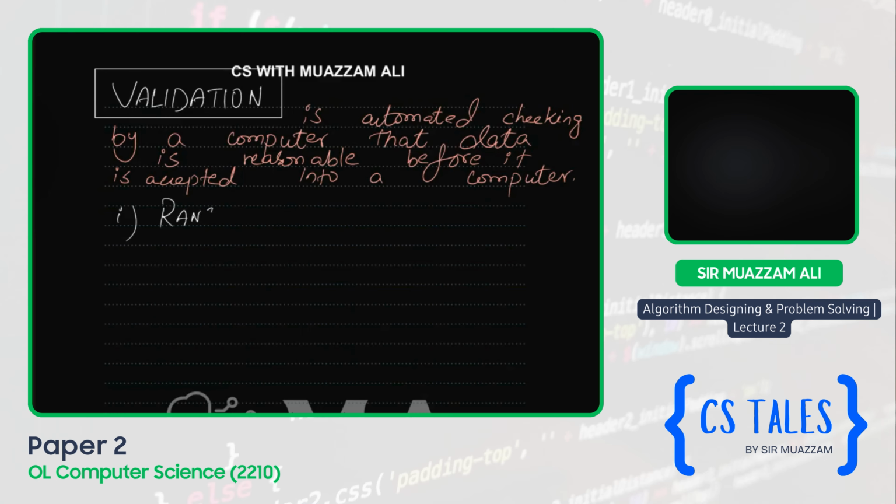In a range check, basically this is used to check that the value of a number is between an upper and lower limit.